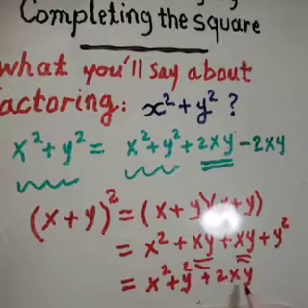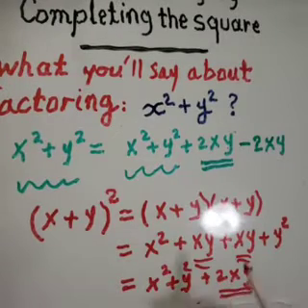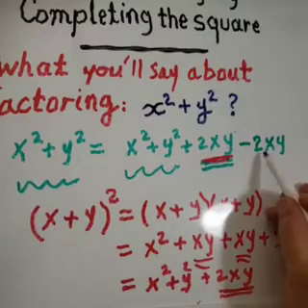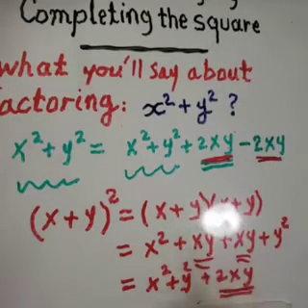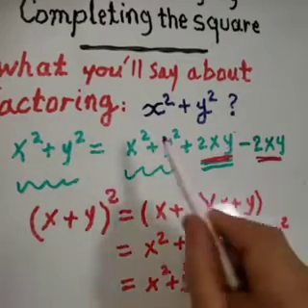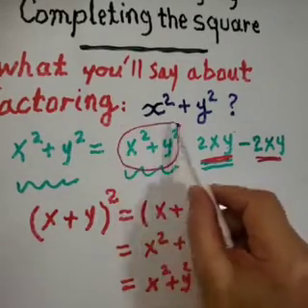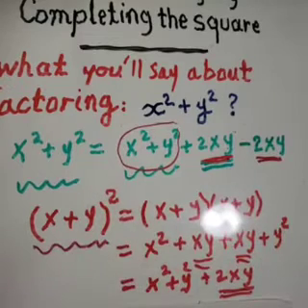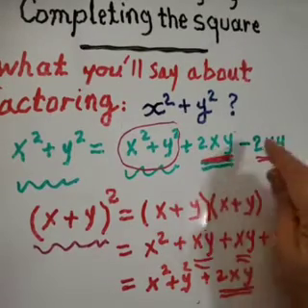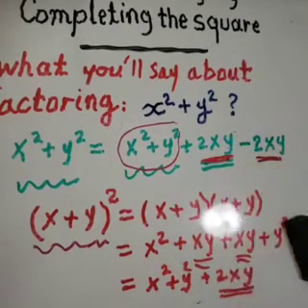That's why we added 2xy here and subtracted it again. I aimed from that to express all this in this form. You understand what I mean? So that's why we added 2xy and subtracted it.